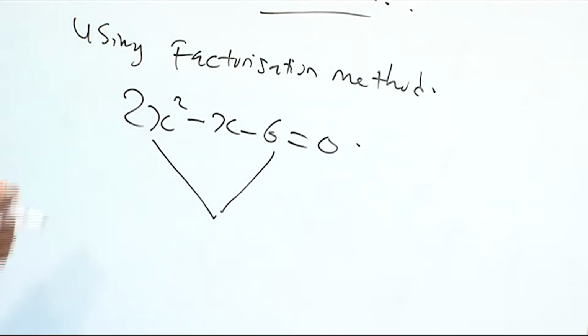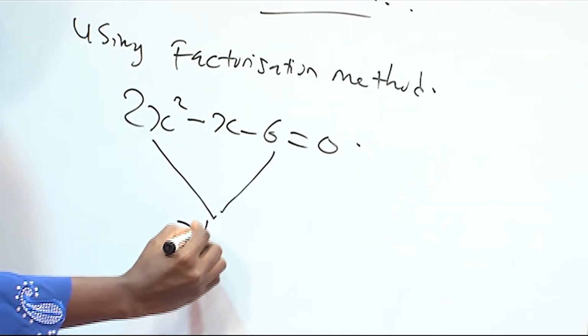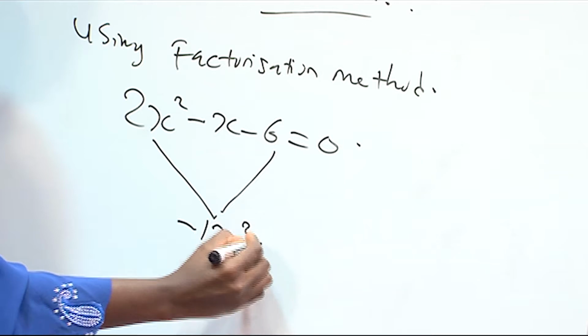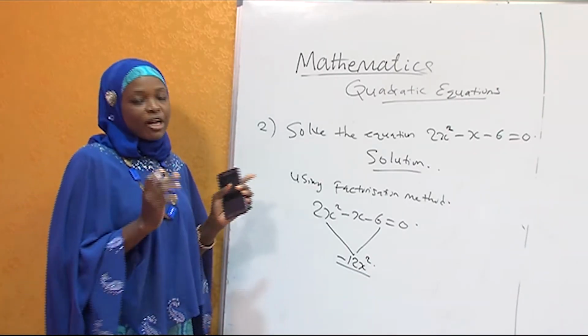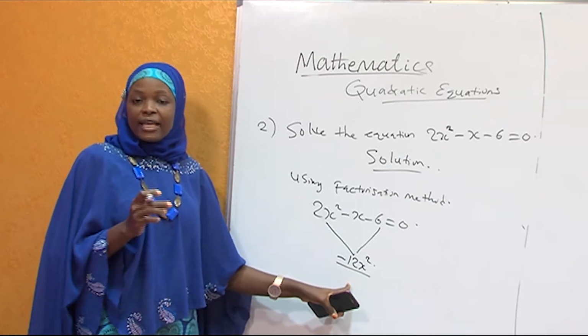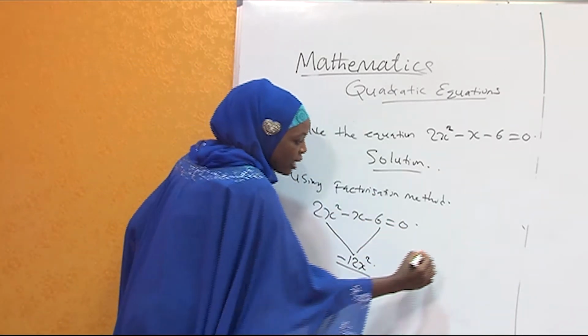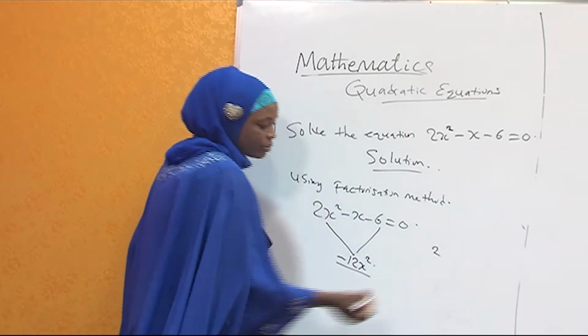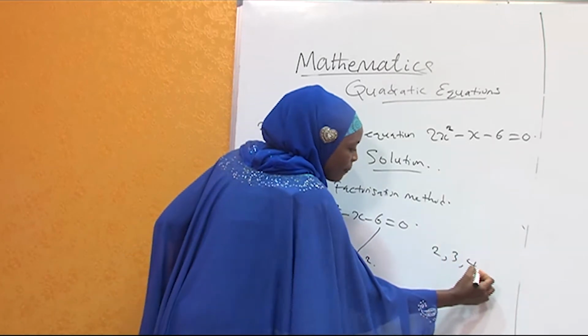You multiply them together. That is 2 times minus 6, which gives you minus 12x squared. Now it is this 12 that we will look for the factors of. Let me quickly write out the factors of 12. We have 2, we have 3, 3 is a factor of 12, we have 4, we have 6.